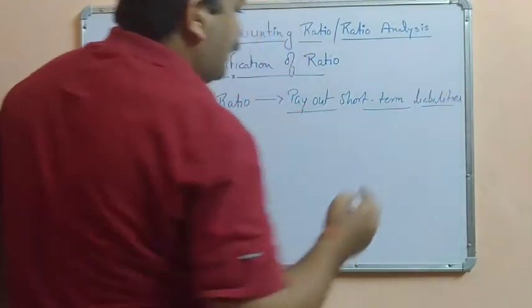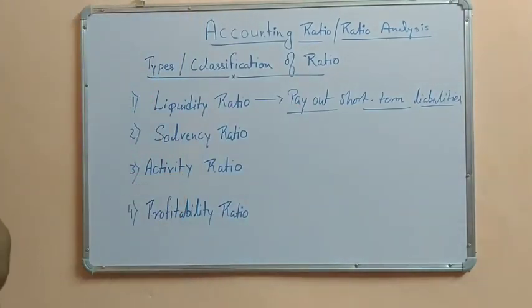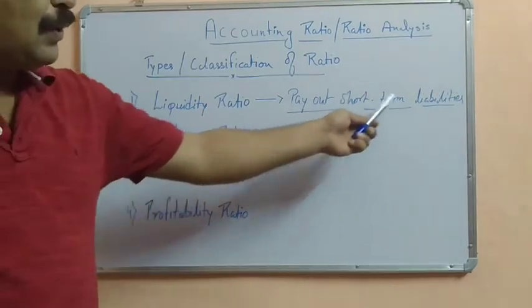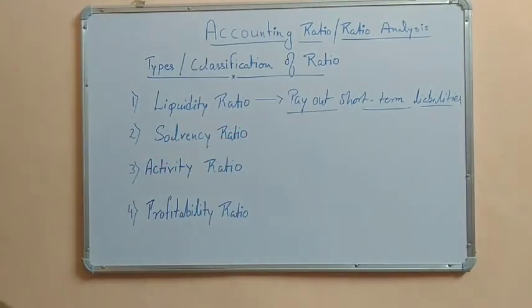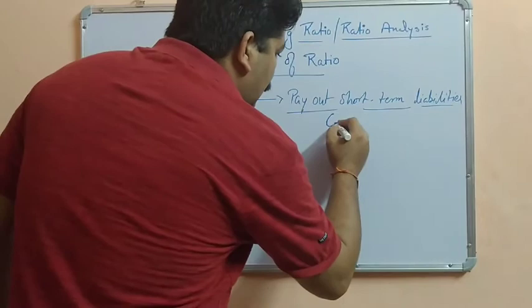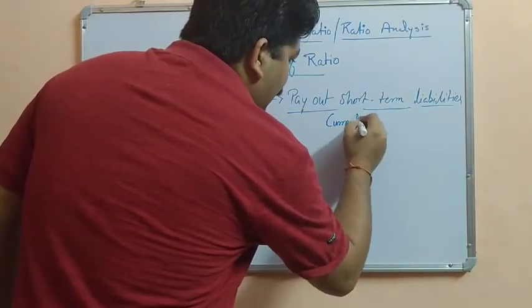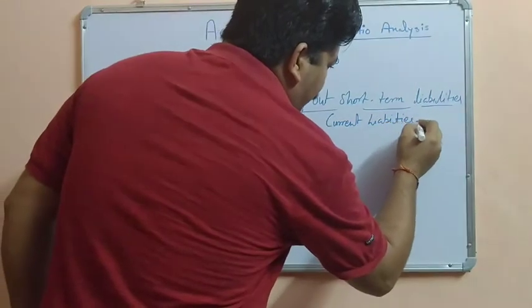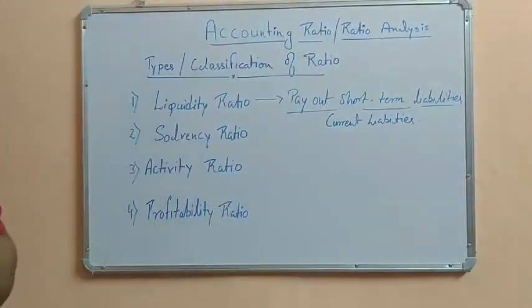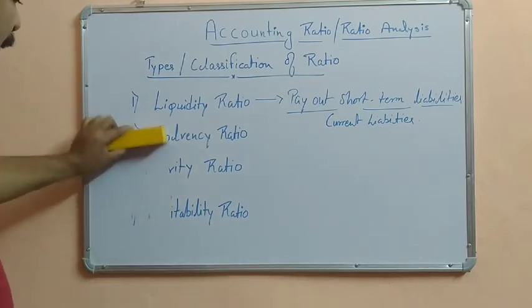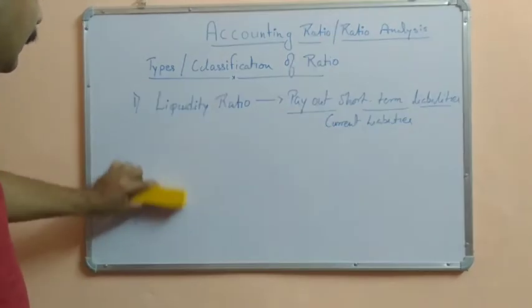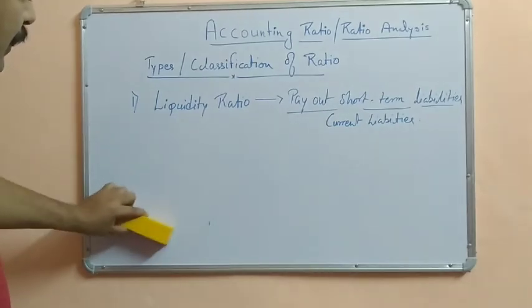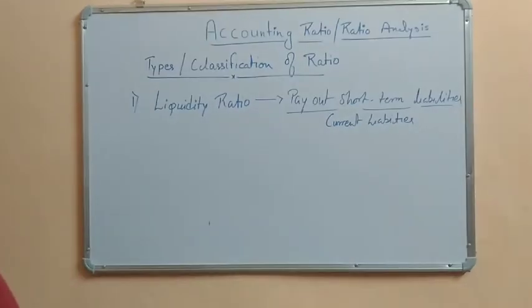With this liquidity ratio, we can calculate the ability of the firm to pay out the short term liabilities, that are current liabilities. Okay. Under liquidity ratio, there are two types of ratios.